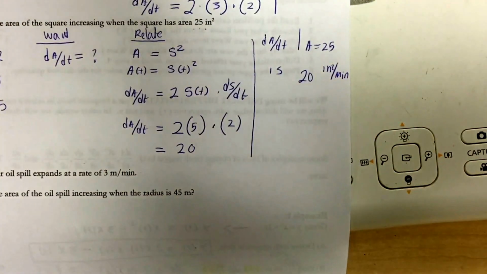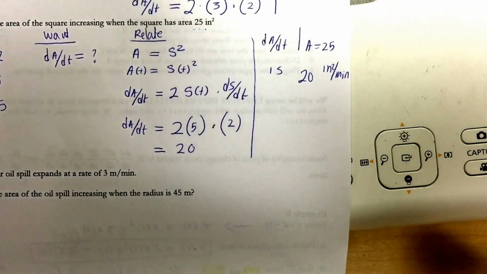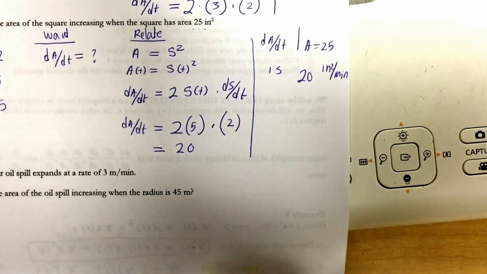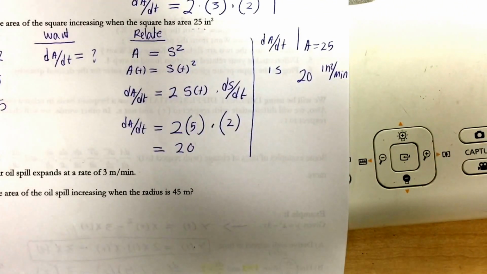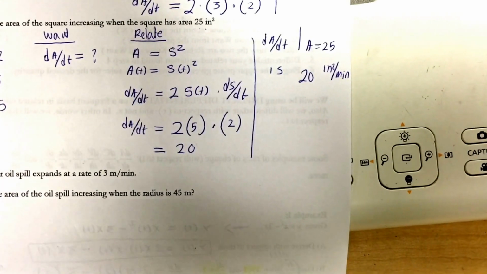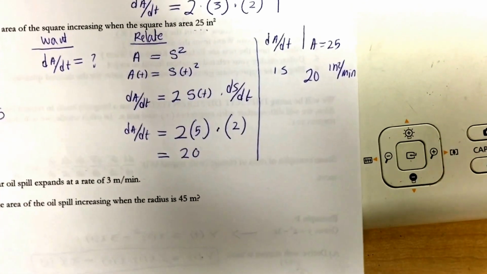So exactly when the area is 25, the area is increasing at 20 inches squared per minute. Awesome.